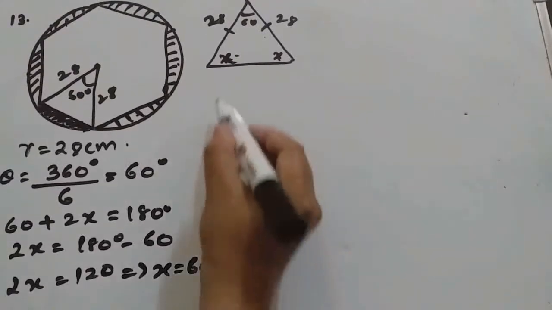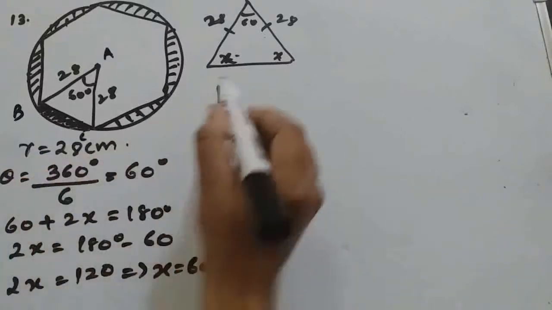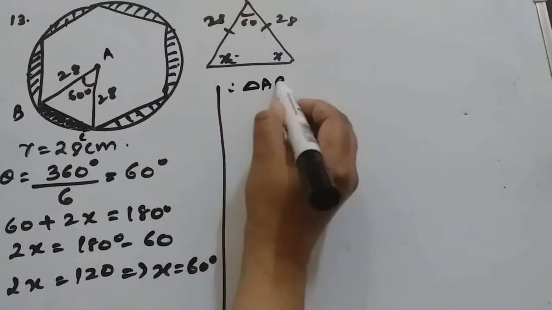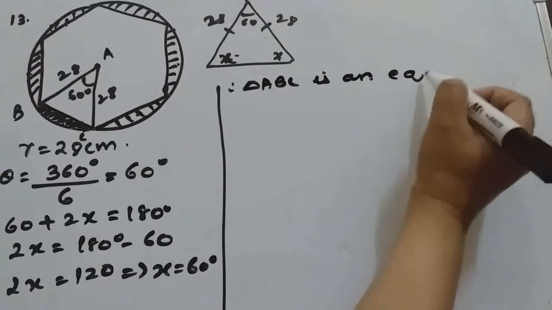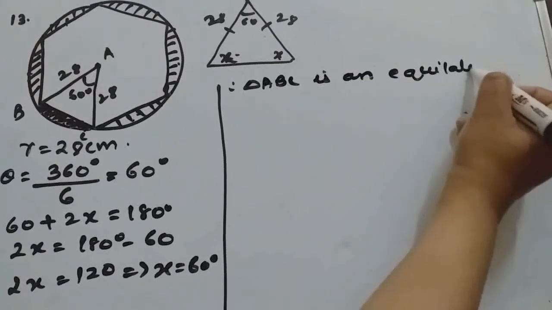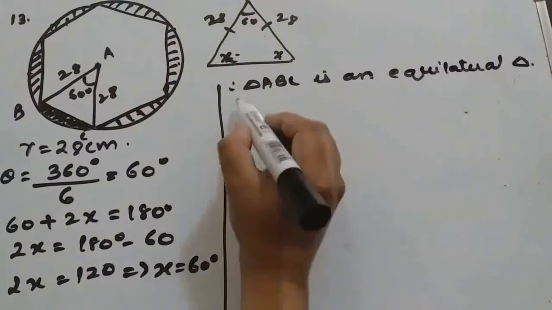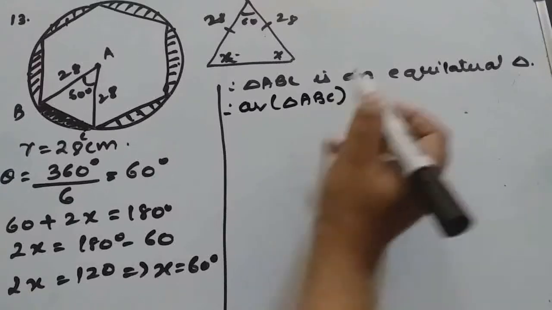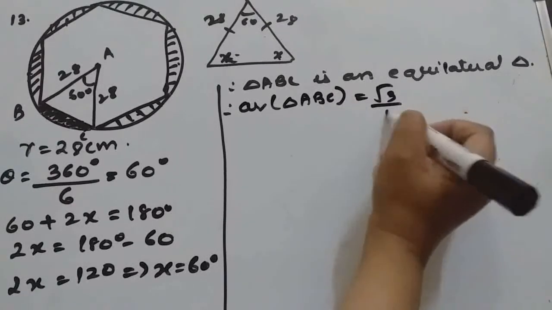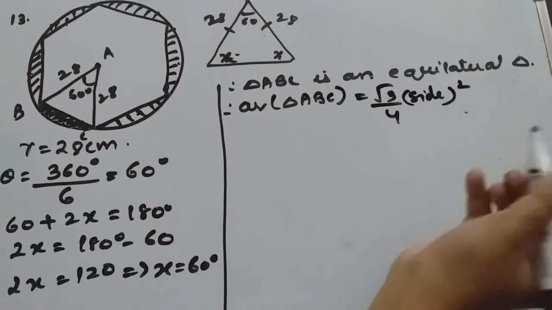Okay, so now we know, suppose this triangle is ABC. So therefore triangle ABC is what? Is an equilateral triangle. Okay, so therefore area of triangle ABC we can find by using root 3 by 4 side square formula, isn't it?